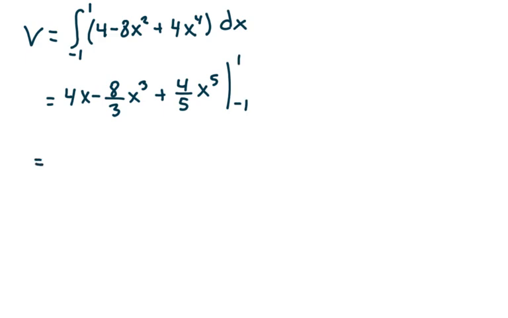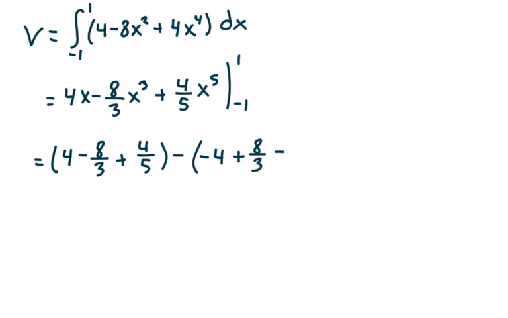If I plug 1 in for x, I get 4 minus 8 over 3 plus 4 over 5. If I plug -1 in for x, I get -4 plus 8 over 3 minus 4 over 5. Just like this.